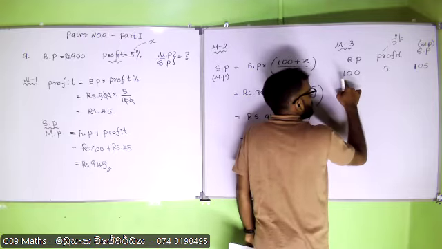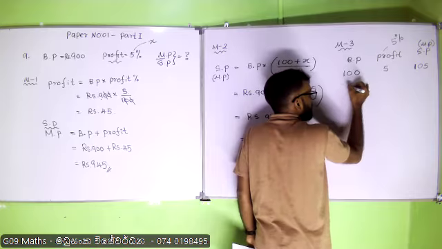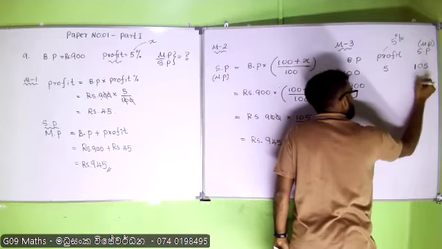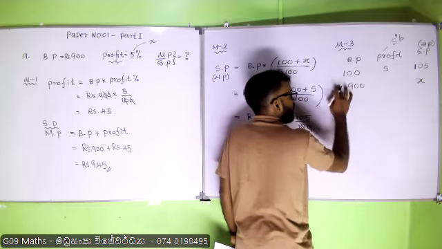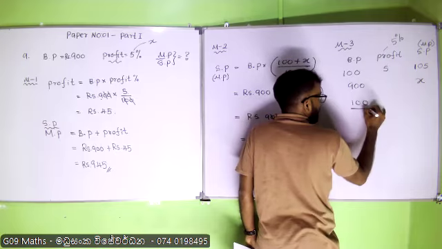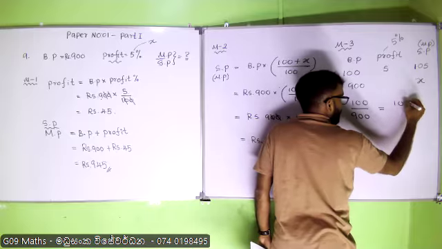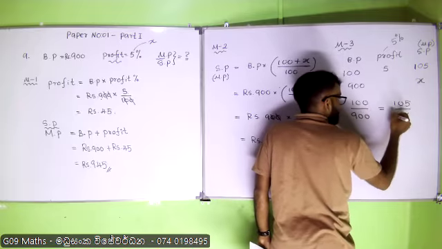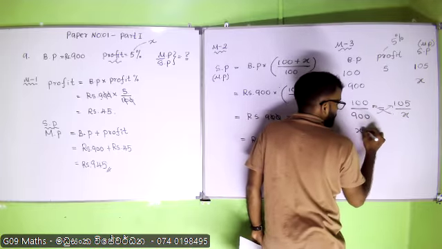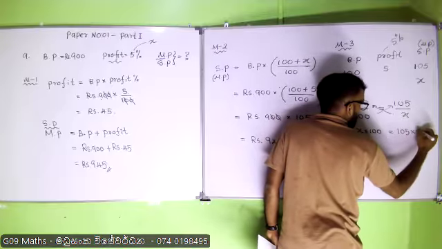So the actual buying price is 900 rupees. I will assume my mark price or selling price is X. You divide this side and this side and equate: 100 divided by 900 equals 105 divided by X. Then do the cross multiplication: X into 100 equals 105 into 900.